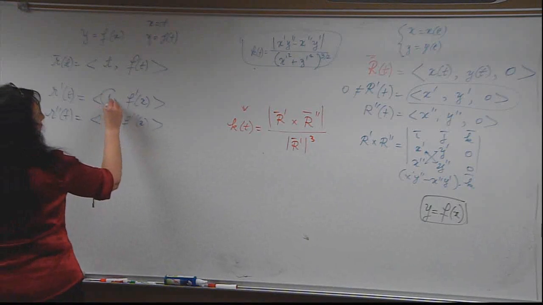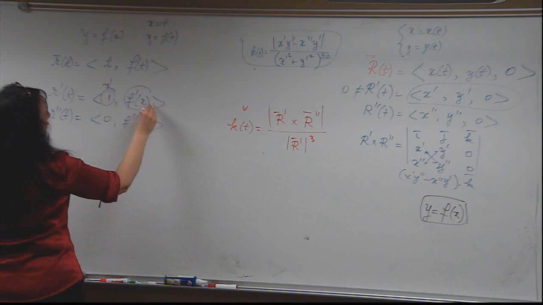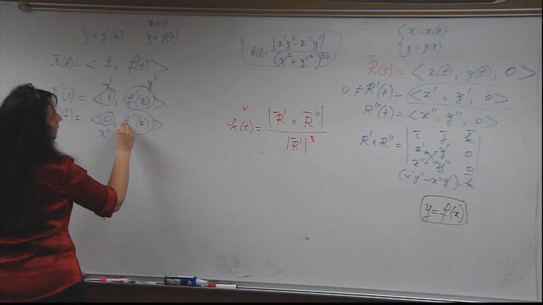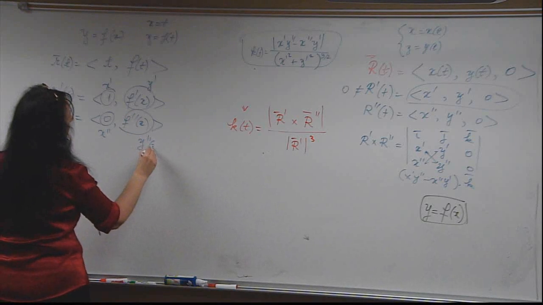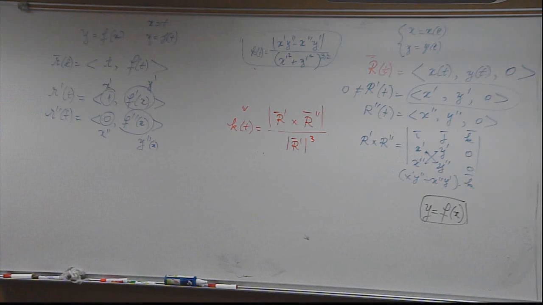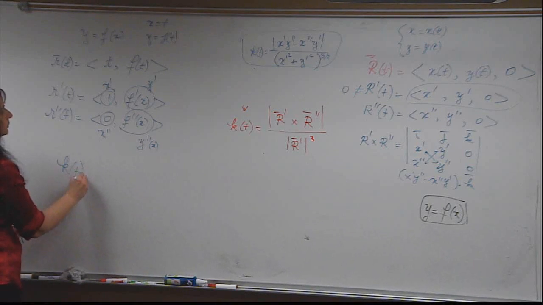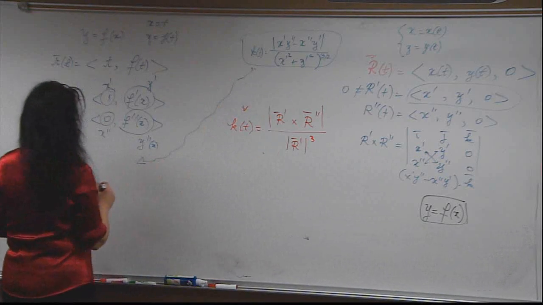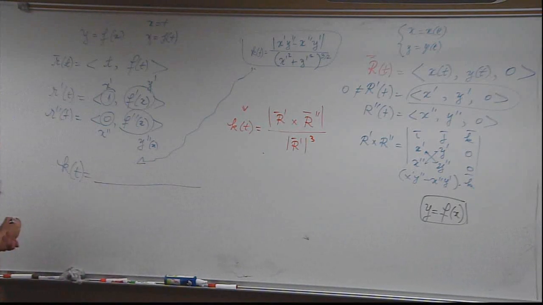This is going to replace x prime, this is going to replace y prime, this is going to replace x double prime, this is going to replace y double prime of x. Okay, so K, our old friend from here, will become what?